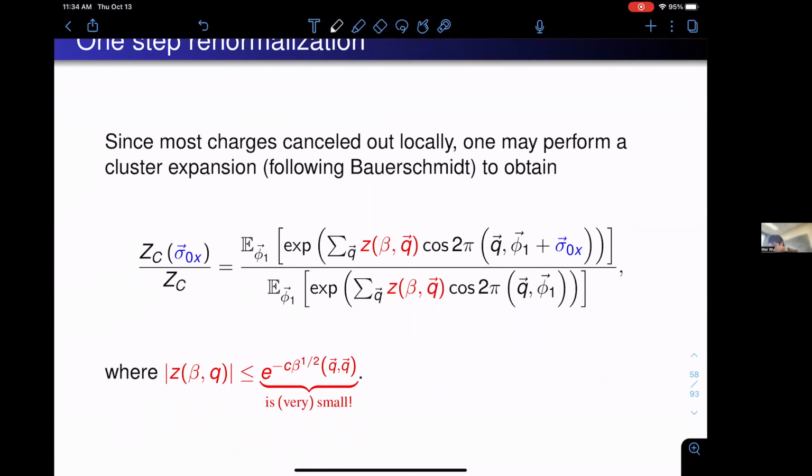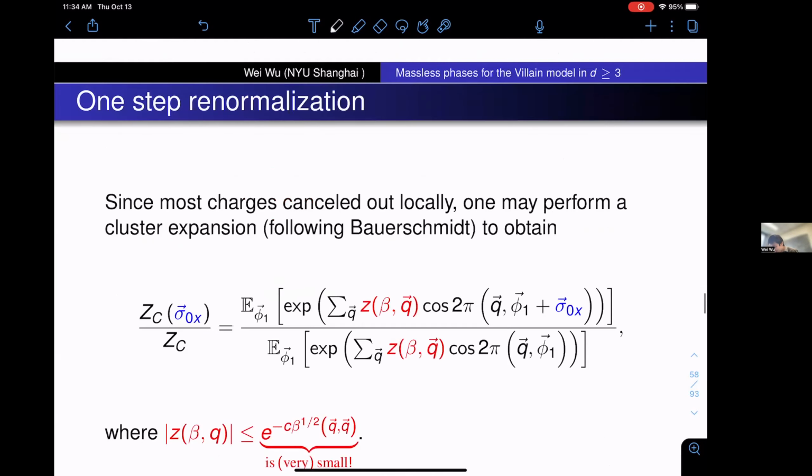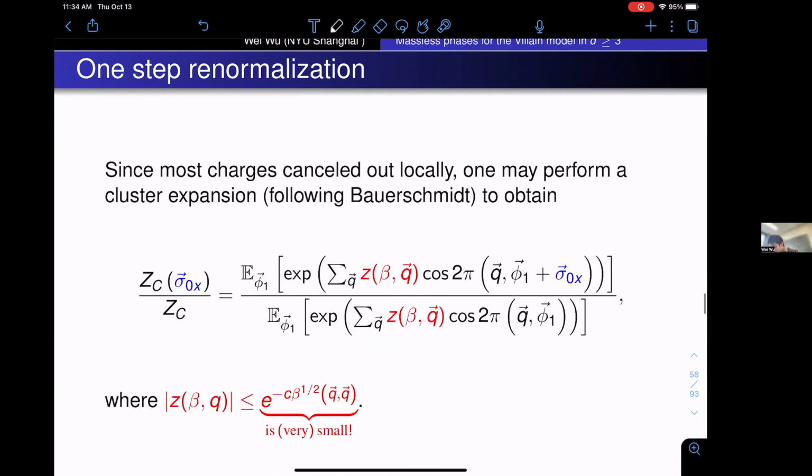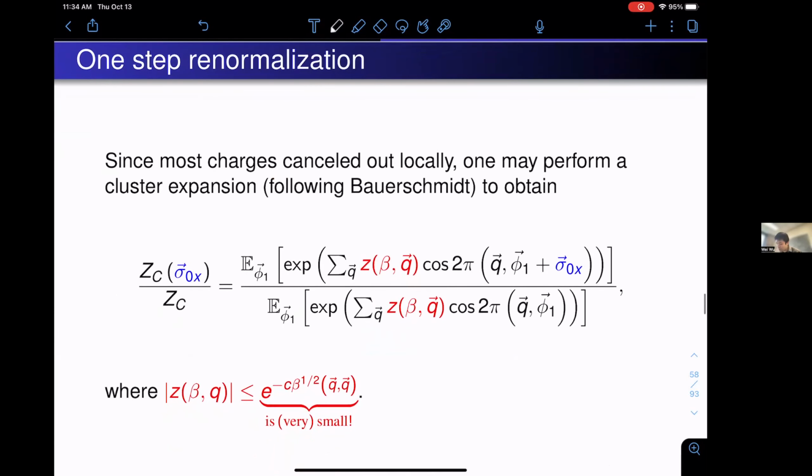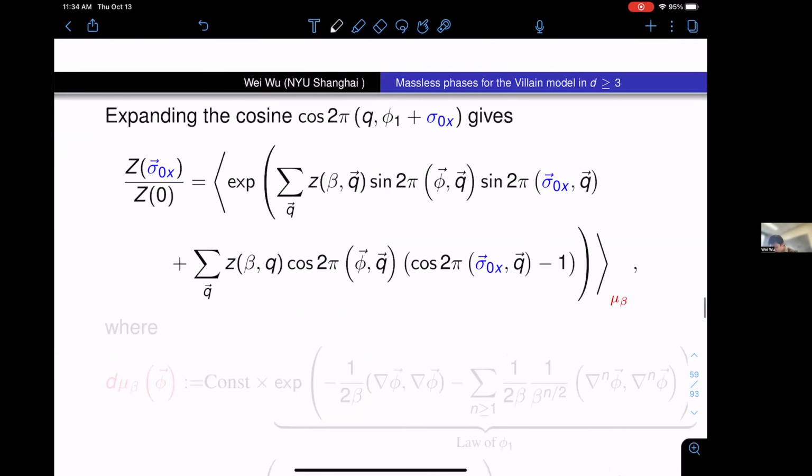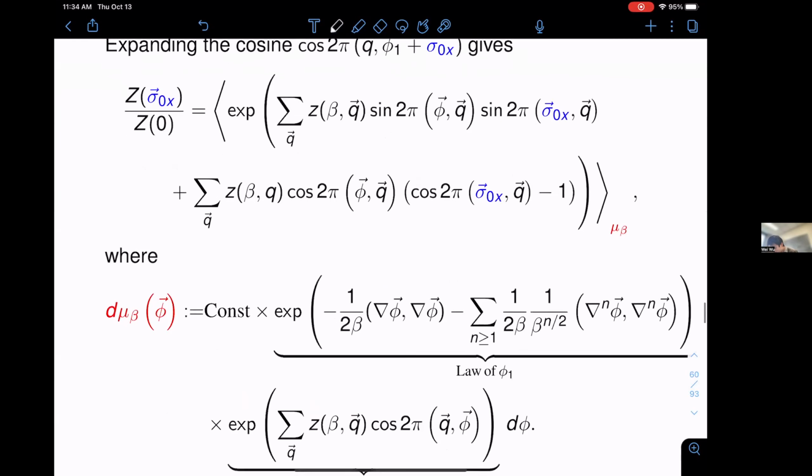Now, another way of writing it is not in terms of this Gaussian measure, but in terms of a change of measure, right? In terms of the measure with Gaussian plus this term. You can do that by using these cosine identities, and what you get is the following. It's a little bit long to display.